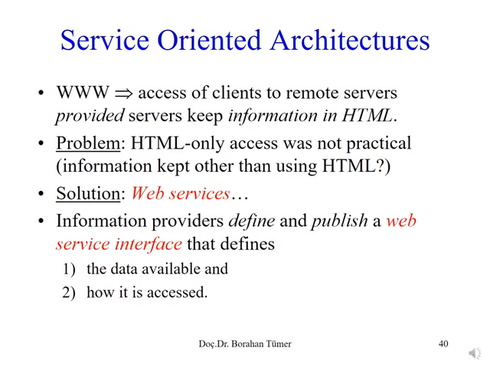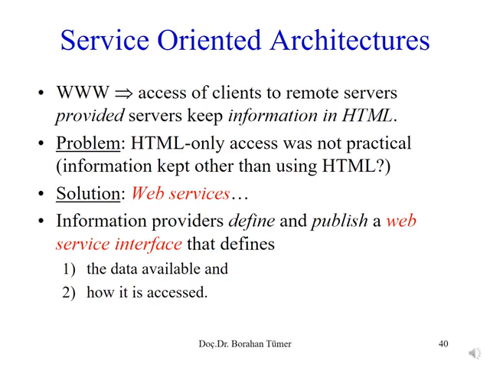The development of World Wide Web systems means that access is possible for clients to remote servers, provided that the servers keep information in HTML format. The problem here is that HTML-only access is not practical. That means opportunistic connections between servers, where a program performs a search within a number of catalogs, are not possible.